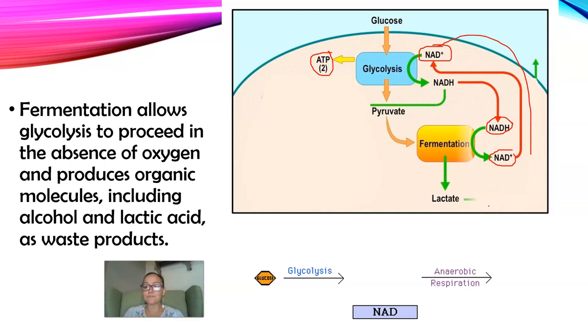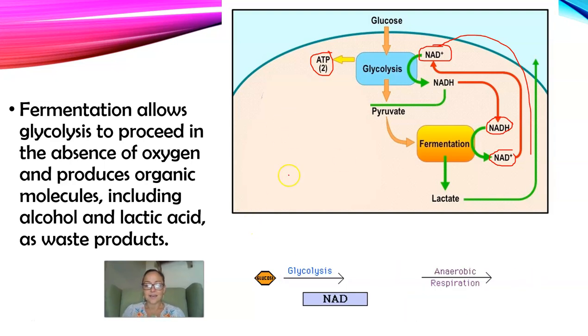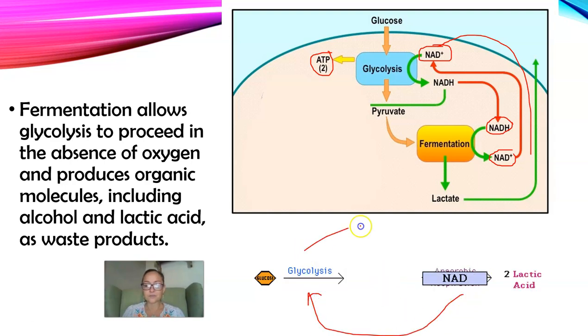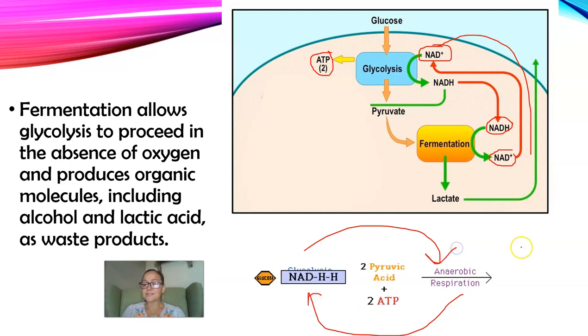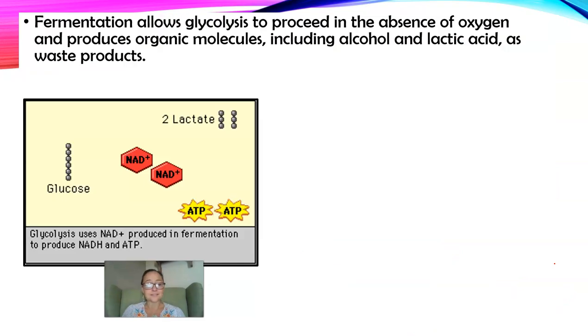So therefore, we have two options of fermentation. In this example, this is lactic acid fermentation. You can see here in this GIF that basically in anaerobic respiration, we are converting the NADH back into NAD+ to continue glycolysis. So it is a cycle that will produce lactic acid as its product.